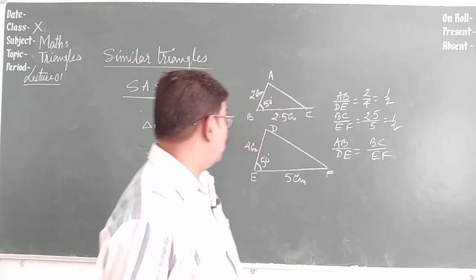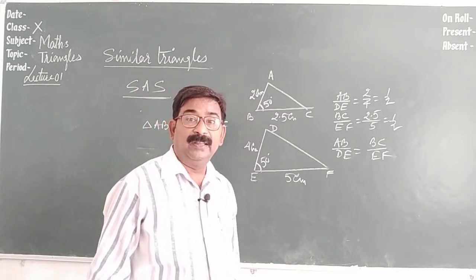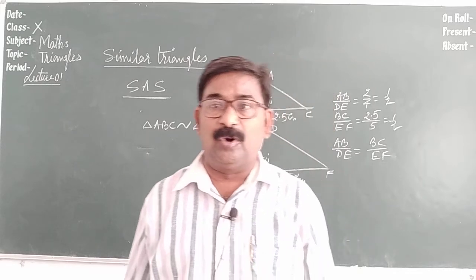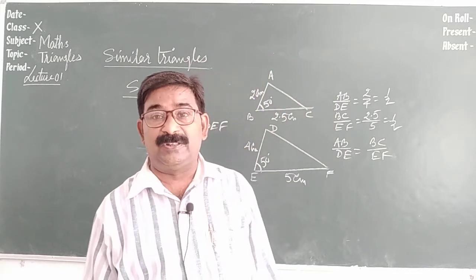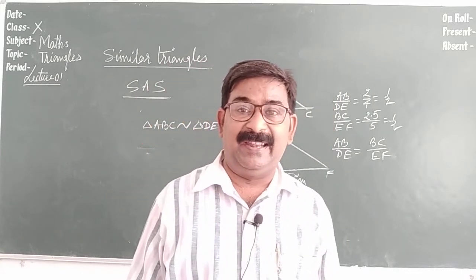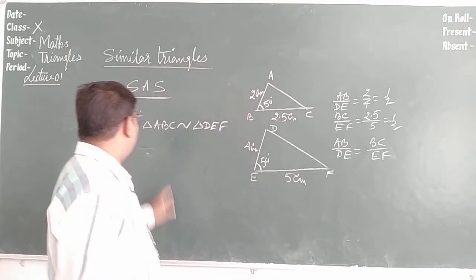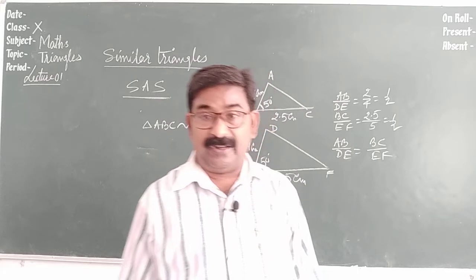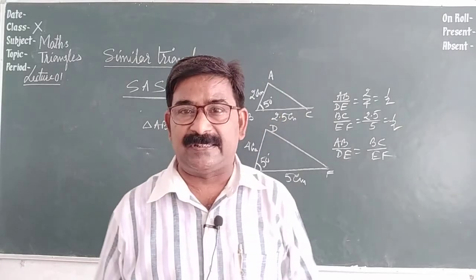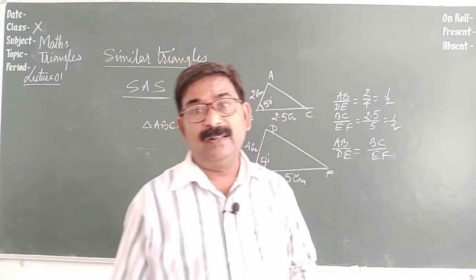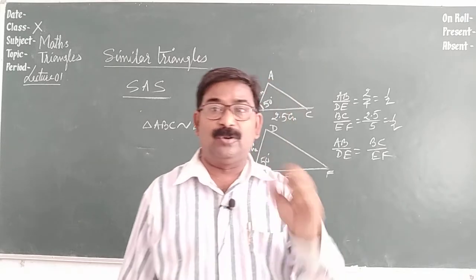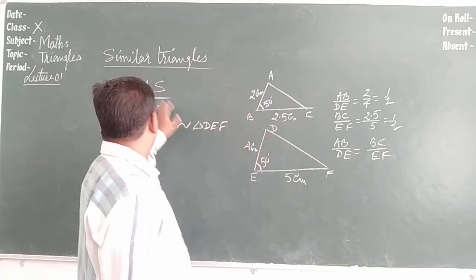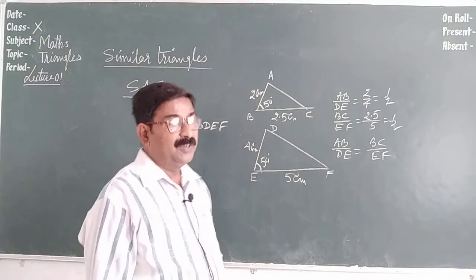Second, I told AAA criteria. In two triangles, if corresponding angles are equal, then triangles are said to be similar by AAA criteria. The third one, SAS criteria. In two triangles, if the ratio of any two corresponding sides is equal and the angle between them is also equal, then triangles are said to be similar by SAS criteria of similarity.